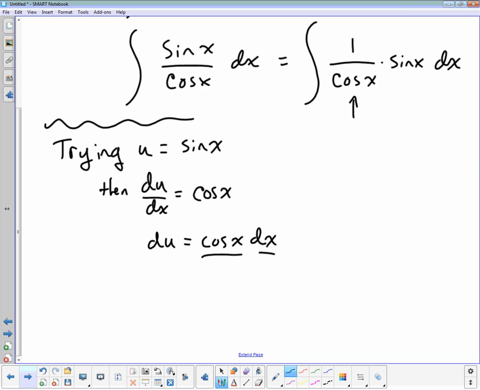I would like to simplify the thing that is complicated. So when you're looking at what is u, go at the thing that is complicated. The term in here that is more complicated than the other is the 1 over cosine. That should be the first place to look for a substitution.